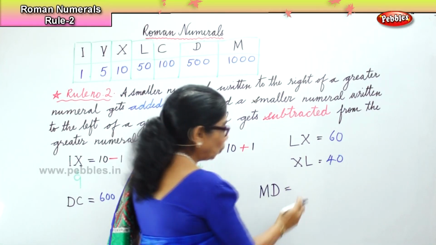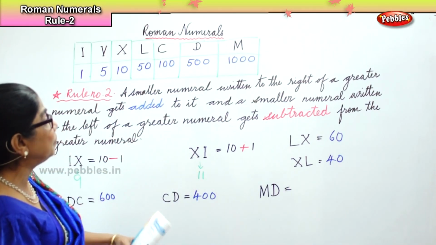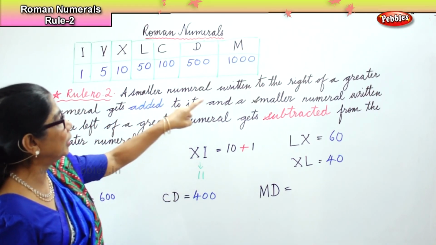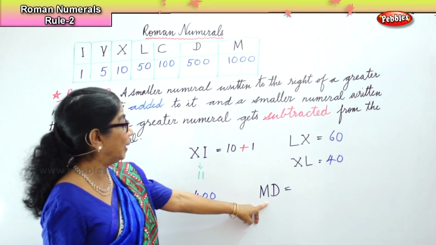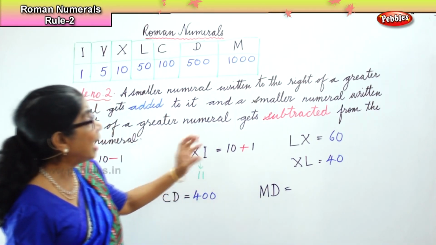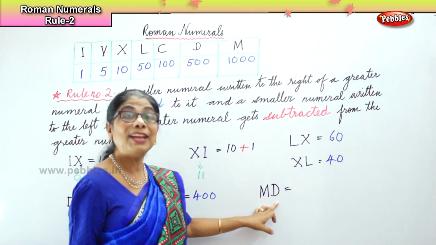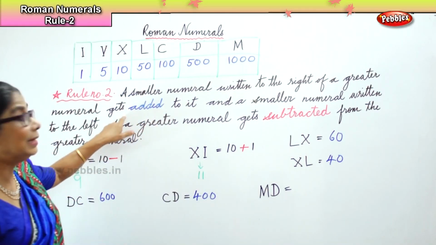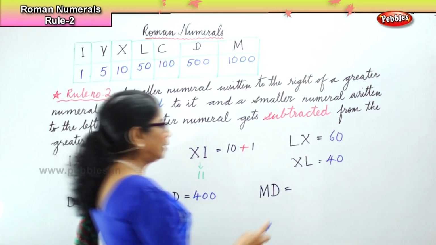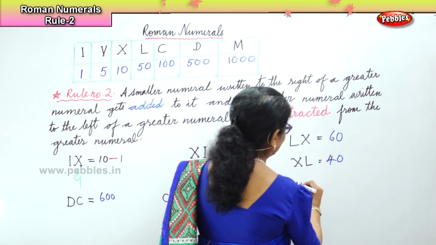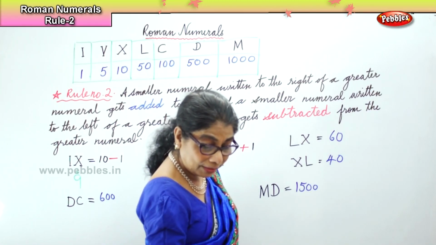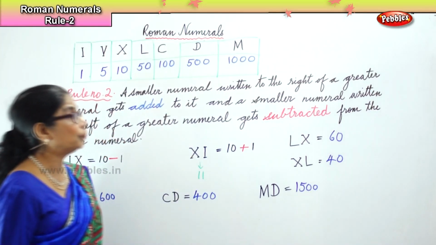Now, when you have a smaller numeral to the right of the big numeral, the big numeral here is 1000, and you have a smaller numeral 500 to the right of it, then what happens? It gets added. So 1000 plus 500, it becomes 1500. You get 1500 as the number.